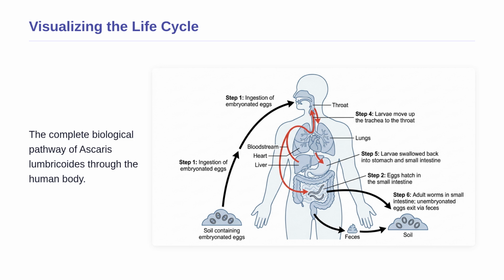The red arrows represent the bloodstream migration, taking the larvae through the liver, heart, and up into the lungs. Notice how the pathway then moves up the trachea to the throat, only to loop back down into the digestive tract. Finally, in the small intestine, the adult worms reside and produce new eggs, which exit the body to contaminate the soil once more.